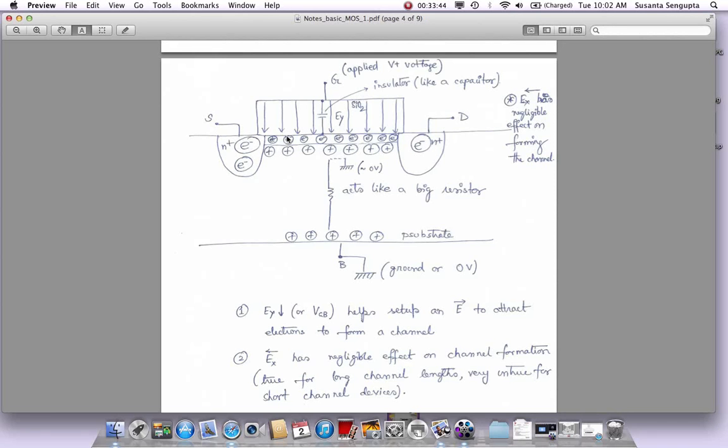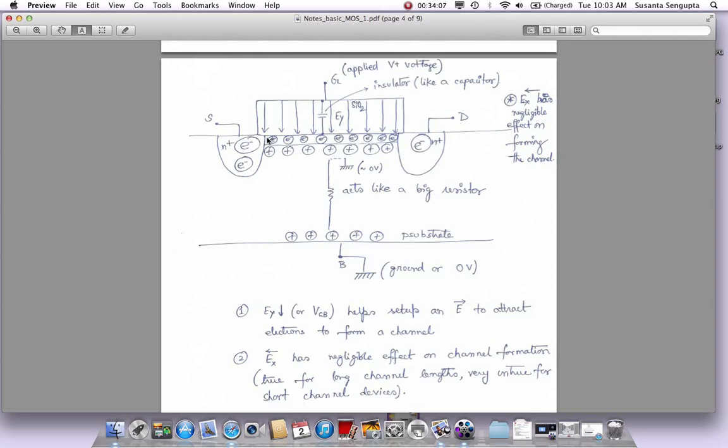If you have a reverse bias diode, you need a lot of energy for carriers to move across a reverse bias junction. What EY is doing, as you can see in the detailed physics, is taking electrons from here and helping them go over that hump, over that hill.